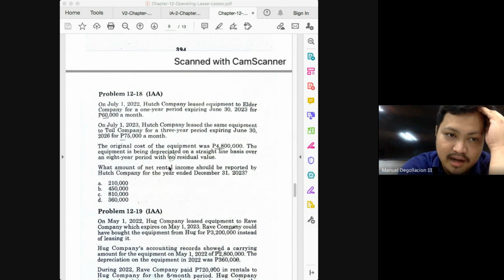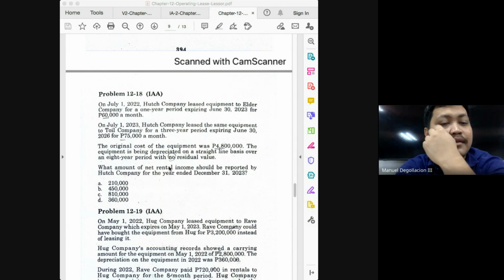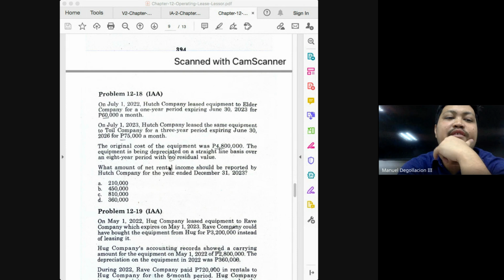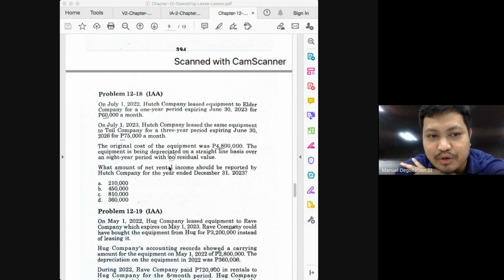So how much have we earned from the first contract in 2023? That would be 60,000 times 6, which would be 360,000. And then, starting on July 1, it will be earning rent again, but at a different amount. Every month it would be 75,000. And how many months have we earned from this contract in 2023? 6 months.